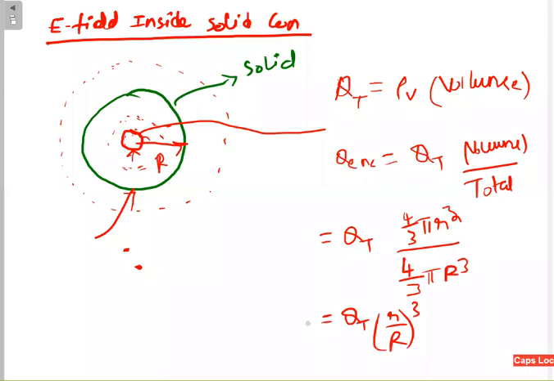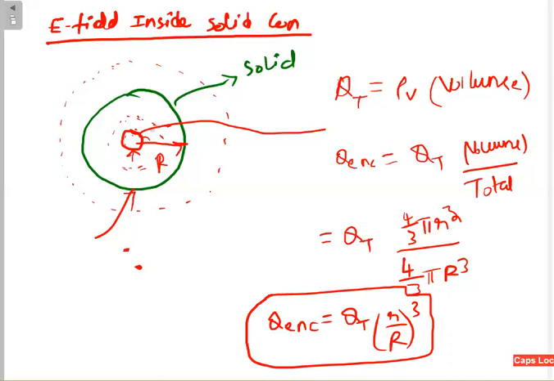So at any point of time, what is the charge enclosed? You are choosing some imaginary surface inside your solid. Whenever you choose an imaginary surface inside your solid, the charge enclosed is the total charge times small r divided by R whole cube.